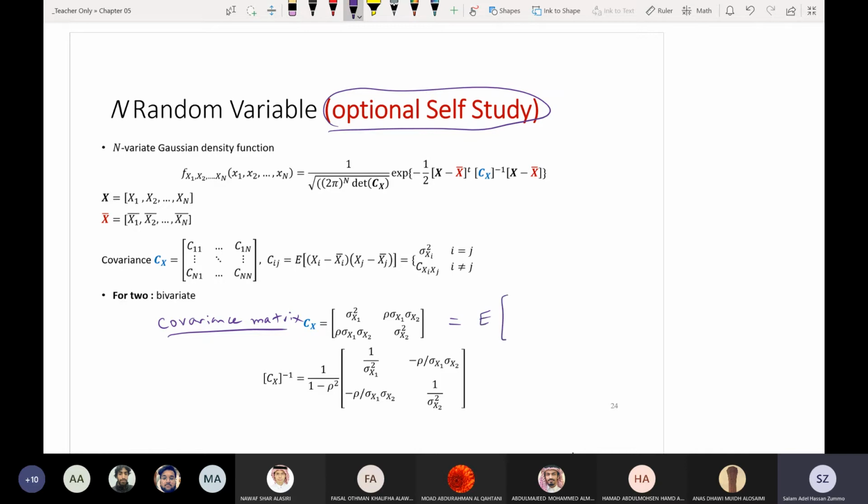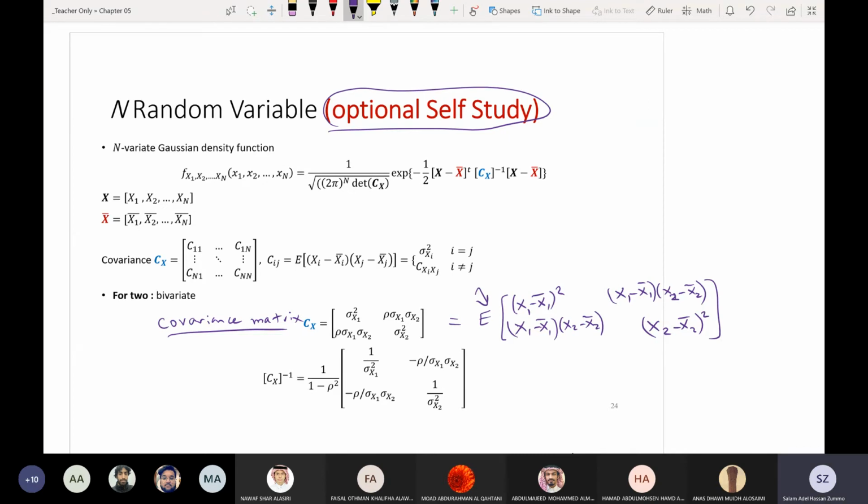Expected value of the following: x1 minus x1 bar, squared, and x2 minus x2 bar, squared, and then x1 minus x1 bar times x2 minus x2 bar, and here x1 minus x1 bar times x2 minus x2 bar, and we have the expected value outside.